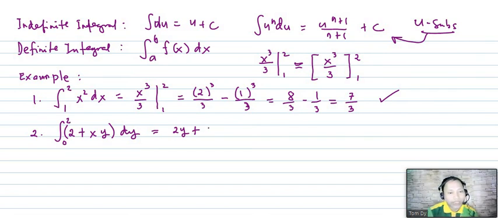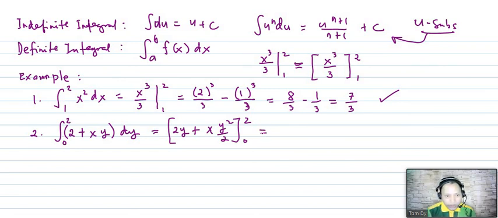So you have here x and then y squared over 2 with limits from 0 to 2. Take note, you have to treat x as a constant for this part. Because this is dy, you will only integrate y. That is y squared over 2.